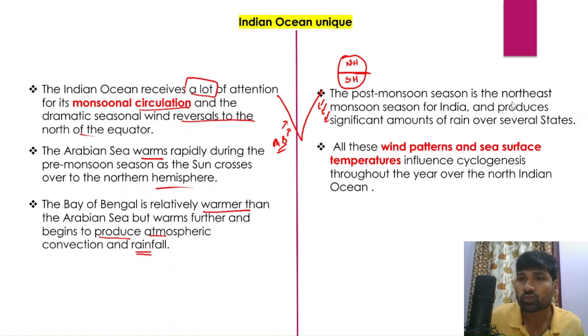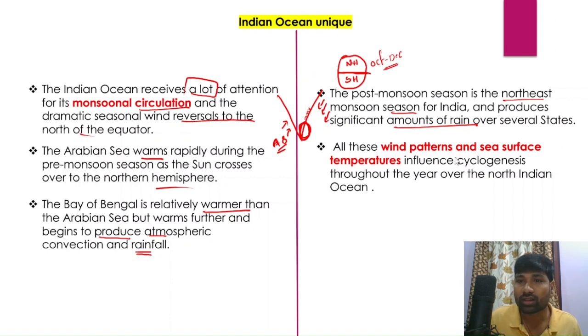The post-monsoon season, which is the northeast monsoon season for India, usually starts from October and lasts up to December. It also produces a significant amount of rain over several states, particularly Tamil Nadu, because of its topography, and coastal Andhra Pradesh, which receive huge rainfall during the northeast monsoon.